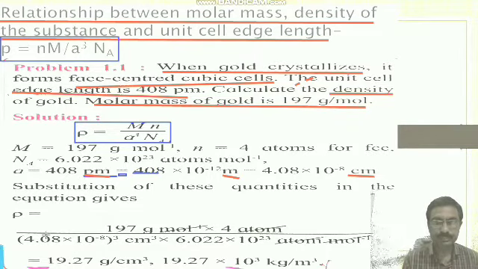We get the molar mass 197 gram per mole into the number of atoms per unit cell, 4 atoms, upon the volume of the unit cell, which is 4.08 multiplied by 10 raised to minus 8 centimeter whole cube, multiplied by Avogadro's number 6.022 multiplied by 10 raised to 23 atoms per mole.